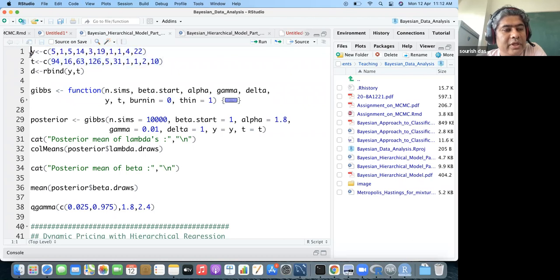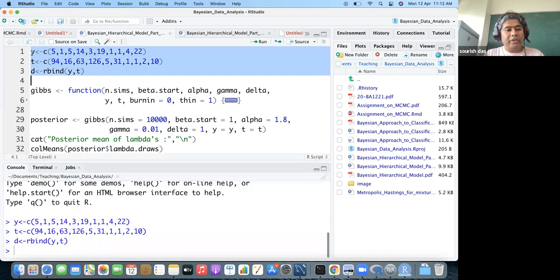So within 94 time units there were 5 failures, within 16 time units there was 1 failure, within 63 time units there were 5 failures. So that was the kind of thing. If you read them and rbind them, then this is your data set.